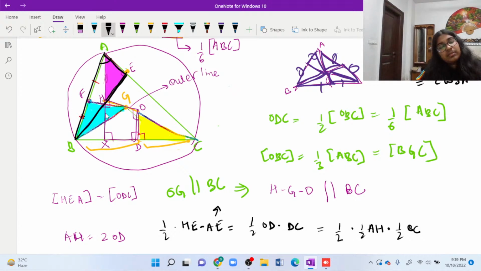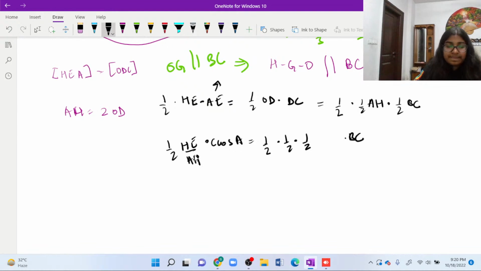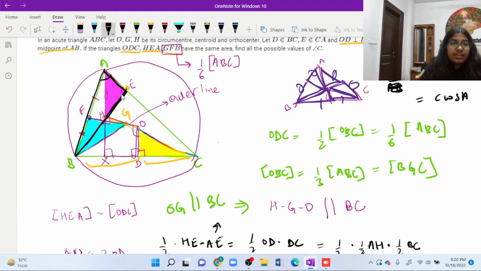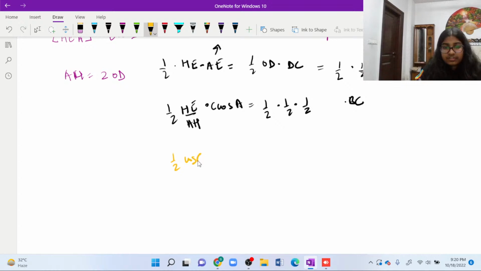Now HE by AH. If we bring AH from here to here and we look at this triangle, HE by AH is just the sine of this angle, and this angle is 90 minus C, so that is just cos of C. So half cos C cos A times C equals 1/8 BC.